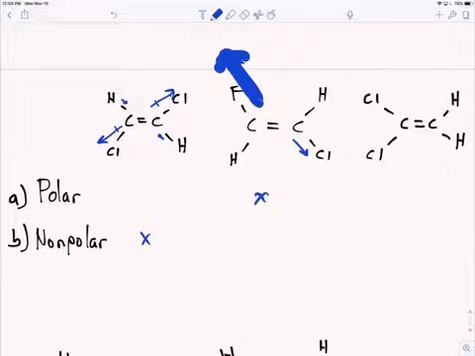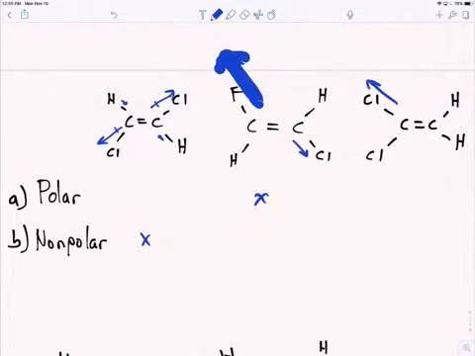Some people think it's nonpolar. I have arrows here. So what's going to happen here? Are these going to add in?